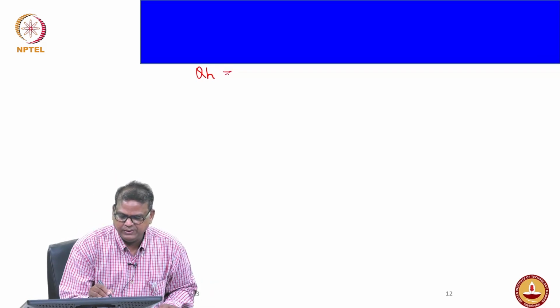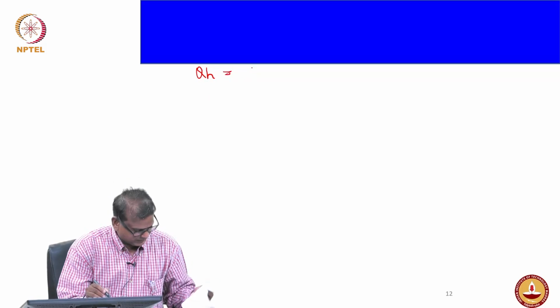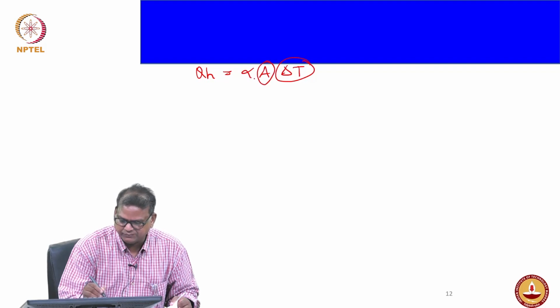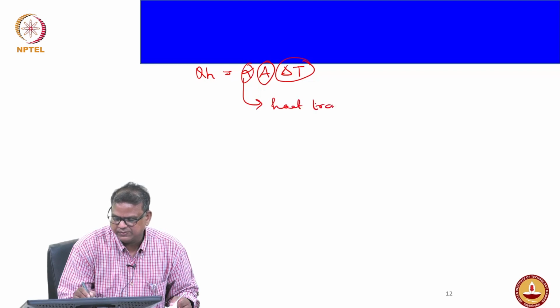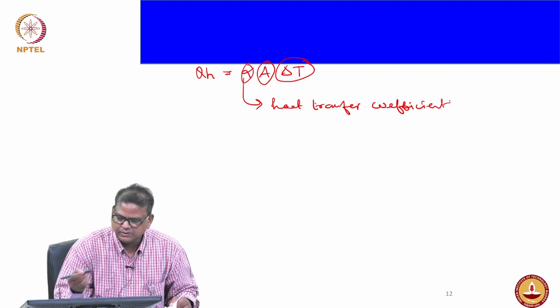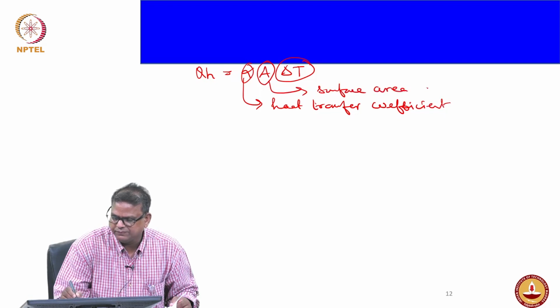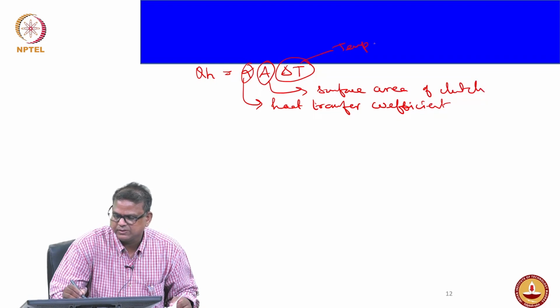Then we need to verify this with the heat transfer: alpha A delta T. Here A is the surface area of the clutch, alpha is the heat transfer coefficient, and delta T is the temperature rise during the operation.